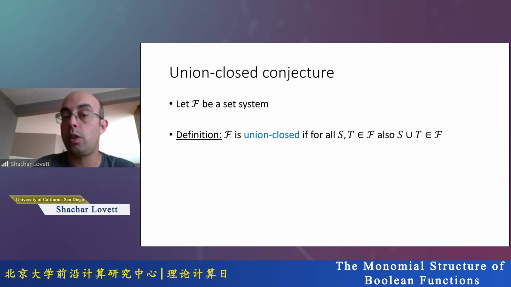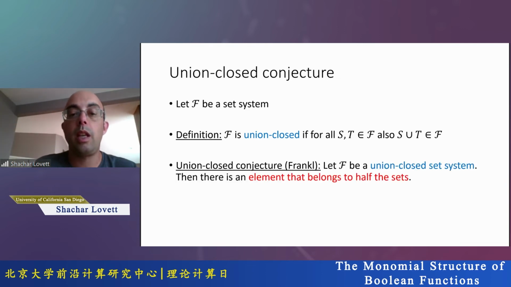It's closed under unions. And here's a conjecture of Frankl from the 80s. It said, let F be a union closed set system, then there should be an element in your base universe that belongs to at least half the sets. Like one example, let's say your elements are 1, 2, 3 up to n, and your set system is all the sets.